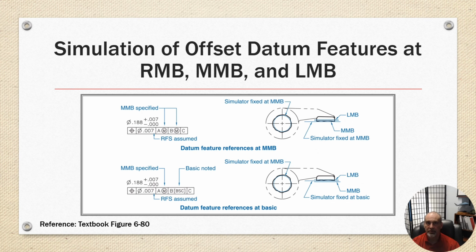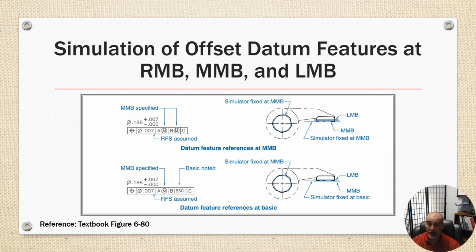Okay, simulated offset datum features at RMB, MMB, and LMB. So here we have some examples. On the first one, maximum material boundary is specified on datums A and B. Sorry, I misspoke.